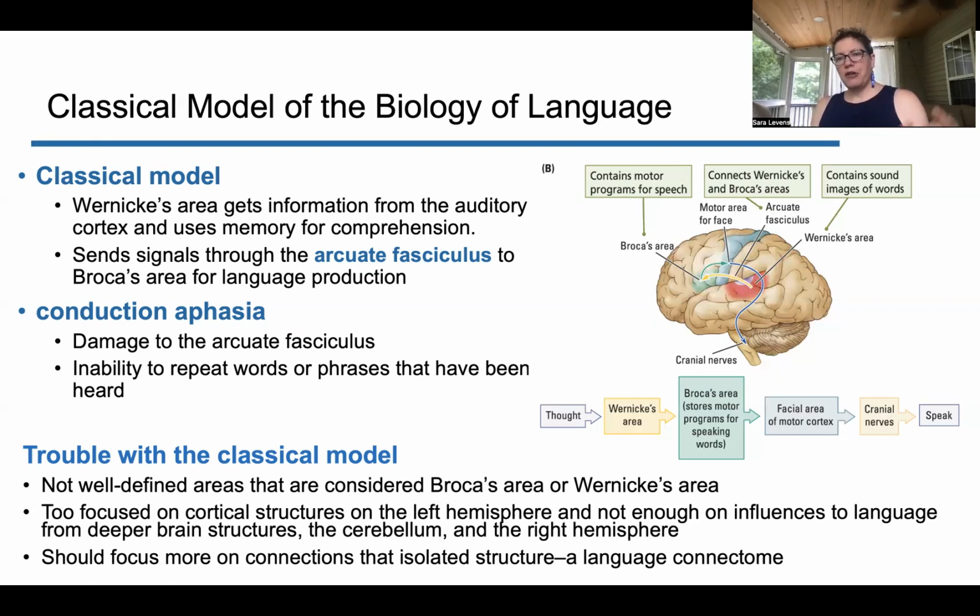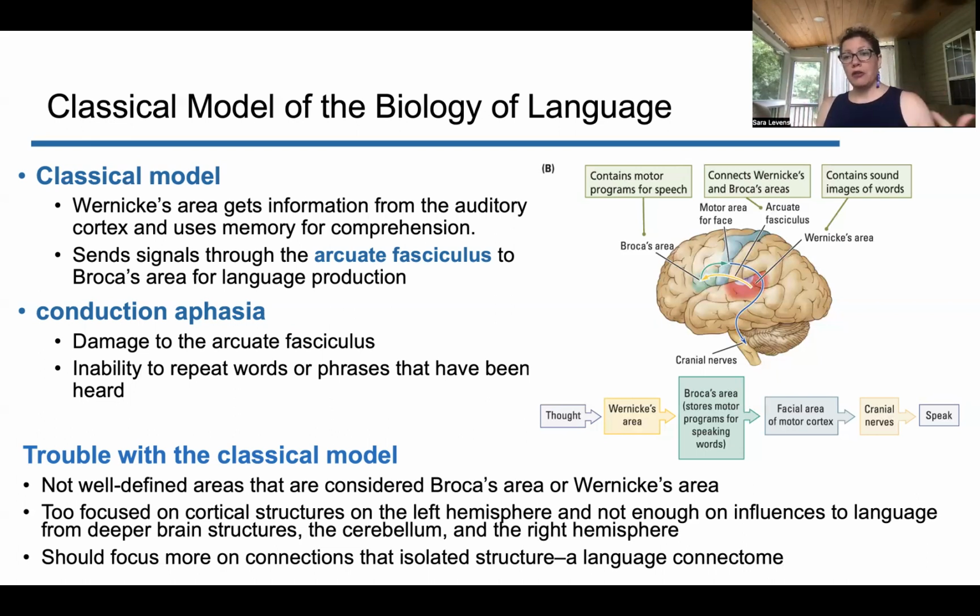So the theory is that instead of the classical model, we should focus more on identifying connections, these connectomes that we talked about, these groups and networks of neurons and cells that isolate the structure. So basically we come up with a language connectome, and these are the various regions that are involved. With affect, for example, the pattern of activity across the regions that process affect in the brain can represent aspects of the affective experience.